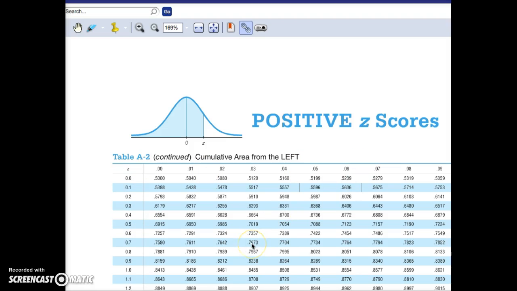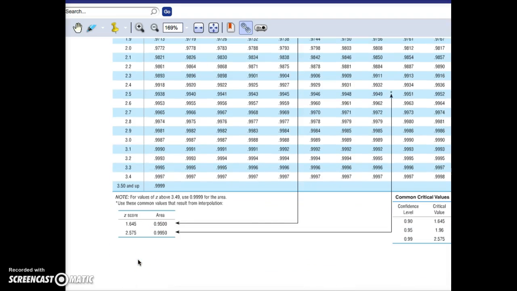So if we were to look for 3.04, right? So we go 1, 2, 3, 4. We have 0.9988.